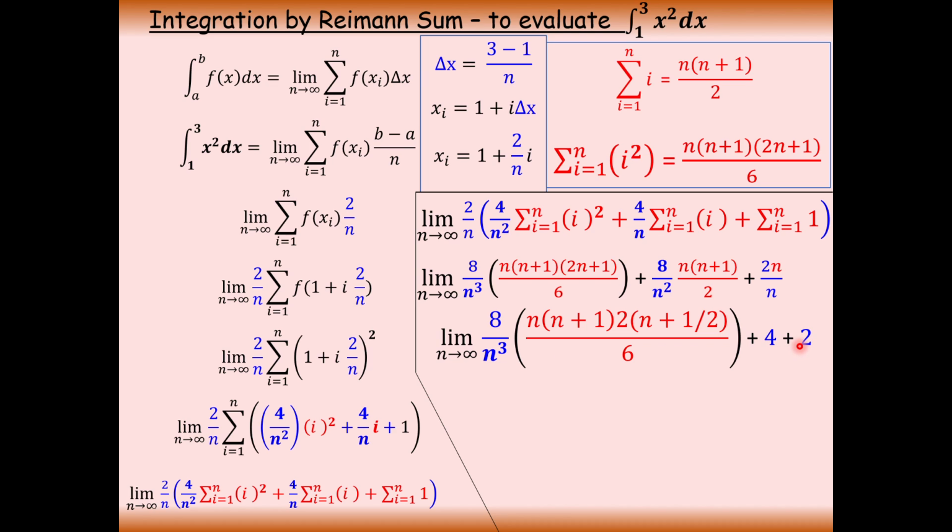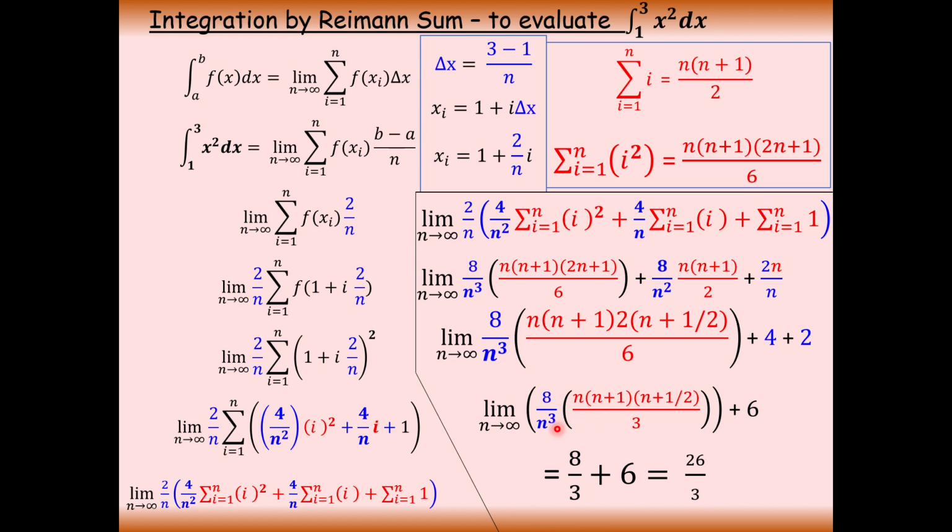The two constants at the end add up to 6. And finally, now we can cross off the n's on the top with the n cubed here, and we have almost no limit to deal with. So luckily that limit can go away now, and the final terms that we need to add up are these two, which is 26 over 3.